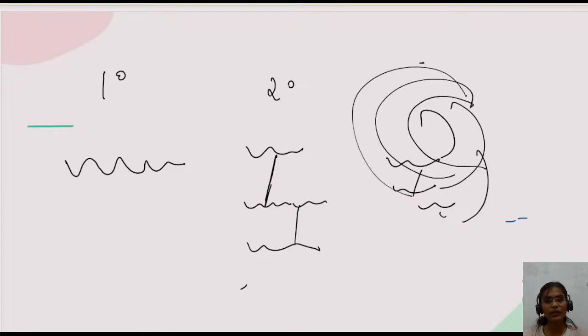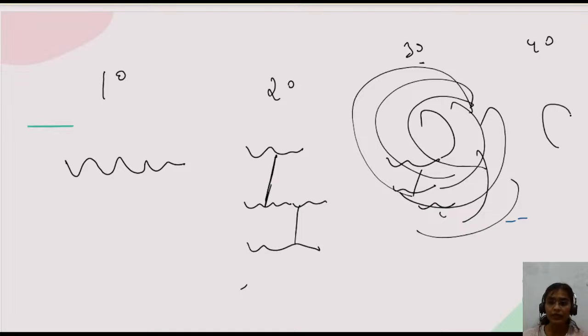It's not that complex, but coiled, that's the tertiary. And now the quaternary structure is the last stage, when the coiling is so complex that it's difficult to break. So primary, secondary, tertiary and quaternary is a stepwise direction: chain, then branch, then coiling, and then at the end we have a complex structure.